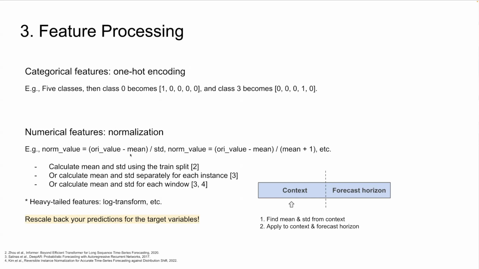So when you input the numbers into your neural network, you subtract the mean and divide by standard deviation. Then for the output of your neural network, you should multiply back the standard deviation and then add back the mean to get the real scaled predictions. This is a bug a lot of people make.